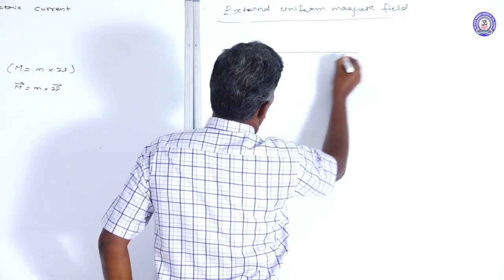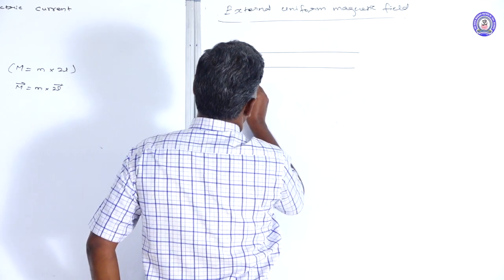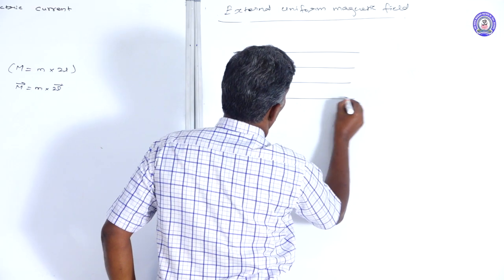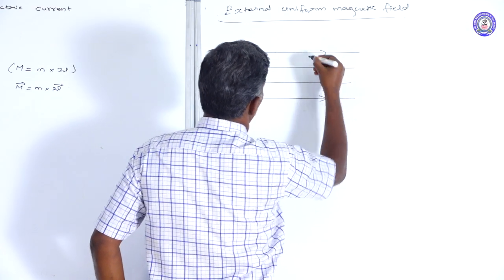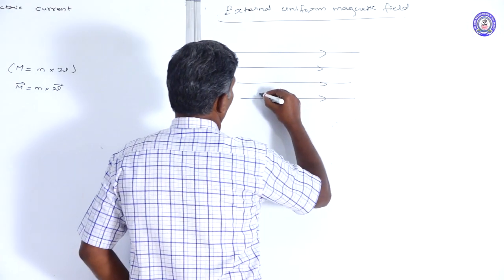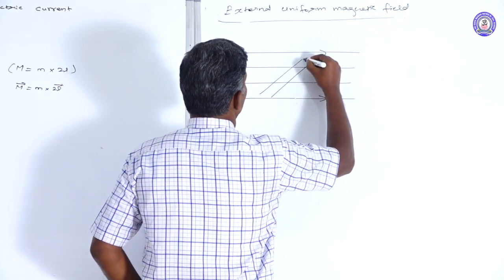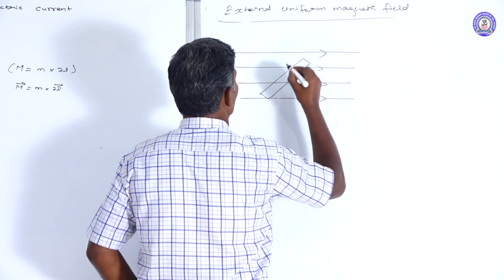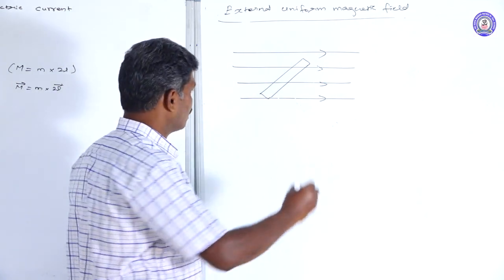For that uniform magnetic field, we are going to represent it with parallel lines. In that field, we are going to place our bar magnet. Its axis makes a certain angle with the external magnetic field.